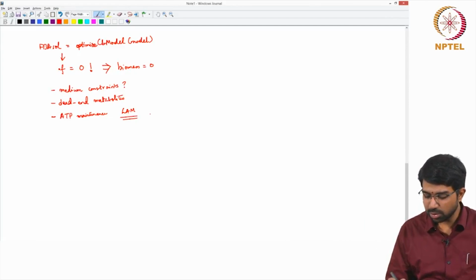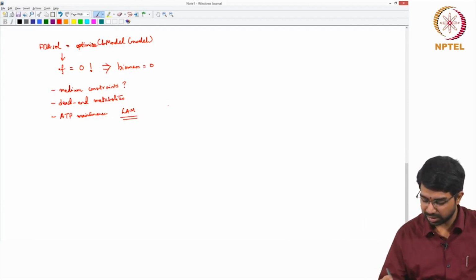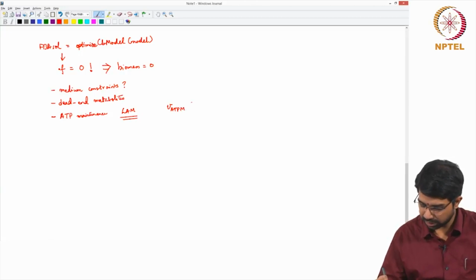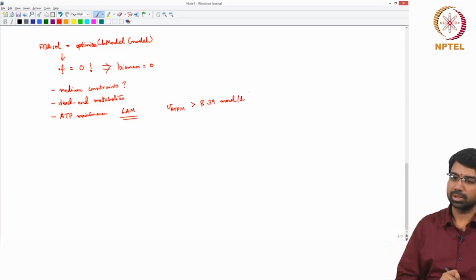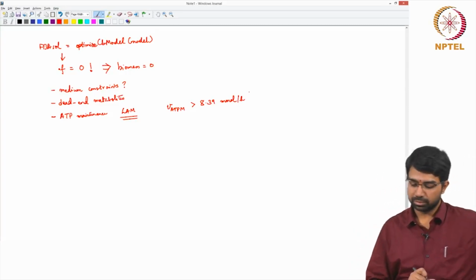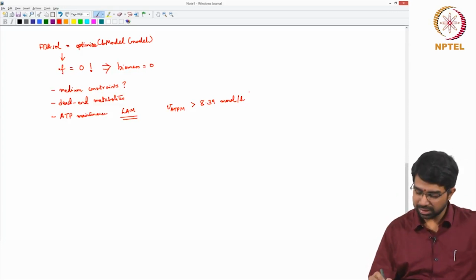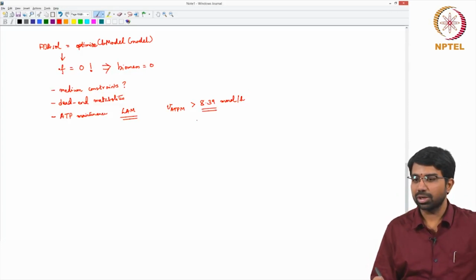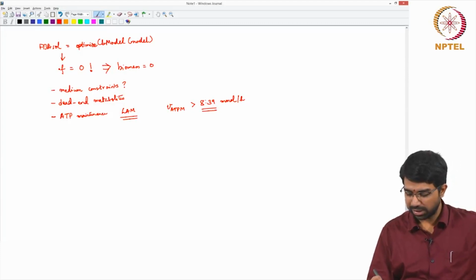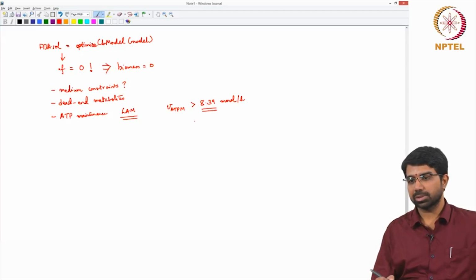So, this is usually bundled up as another constraint which says some V ATP maintenance greater than some value, which for E. coli is something of this sort. This is actually a fit value to make sure that your growth rates agree nicely with experimental values.